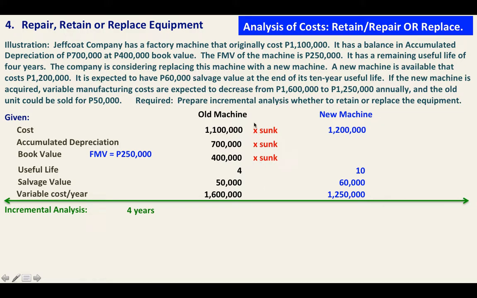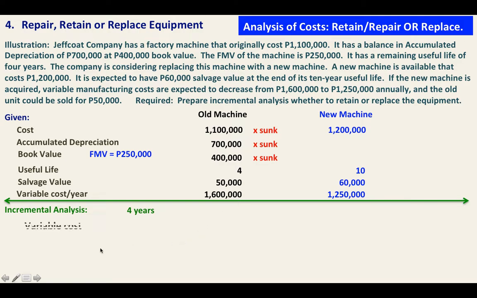However, though these are sunk costs, in particular the book value, the fair market value of the machine is relevant data. Okay. So class, if we are looking at the old machine, the significant data here is the variable cost per year. In the old machine, the variable cost is 1,600,000 annually.